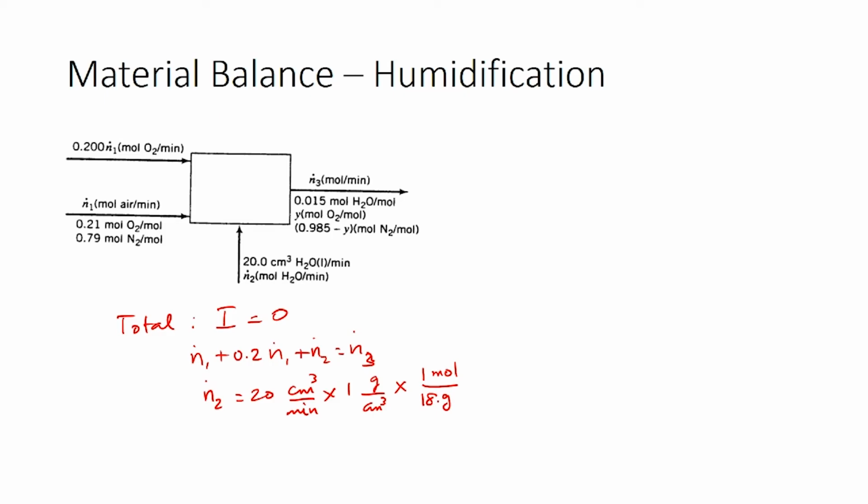So, now this centimeter cube gets cancelled, grams get cancelled, and you end up with 20 divided by 18 moles per minute, which is 1.11 moles per minute.